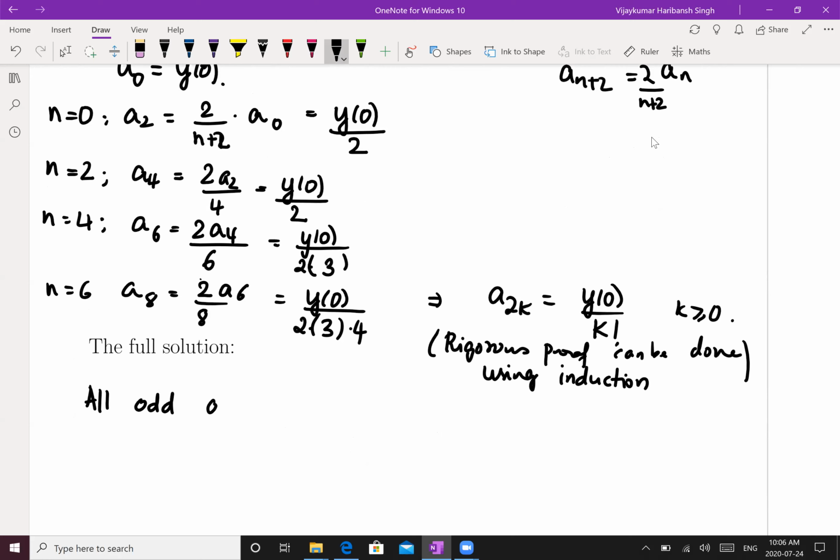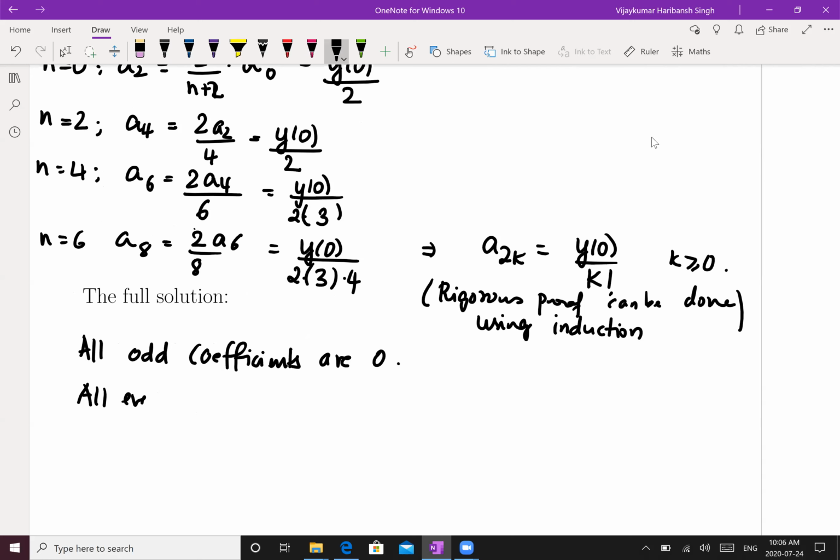And all even coefficients are a to the power 2k.